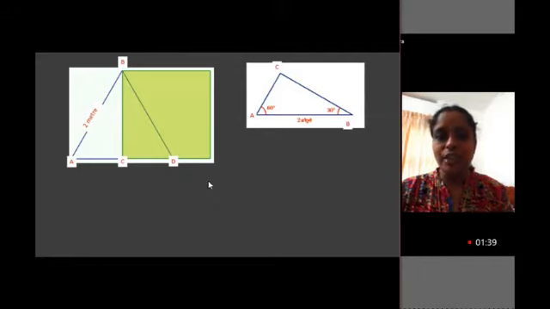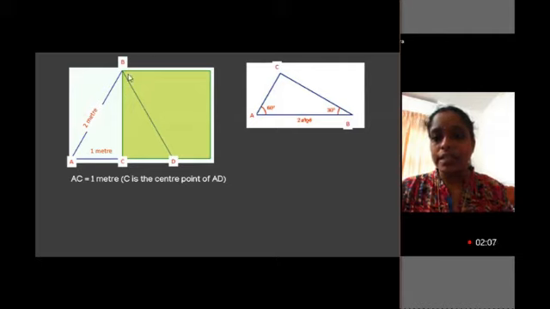So the length of AD is also 2 meter because this is an equilateral triangle. And BC is the altitude, C is the midpoint of AD. So if AD is 2 meter, then the length of AC is 1 meter.